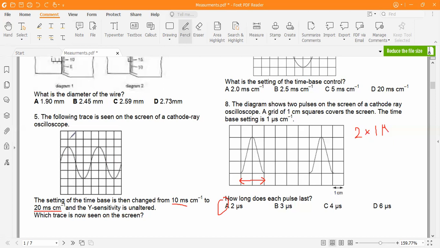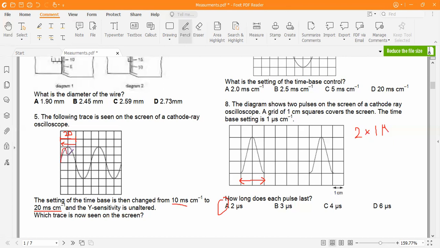This was 20 milliseconds initially, from this point to this point. After they have changed it, this will be done in one block. So this will be compressed, and this will become like this.